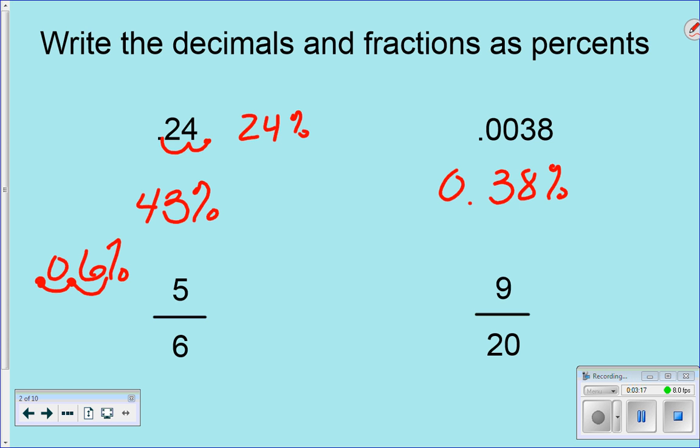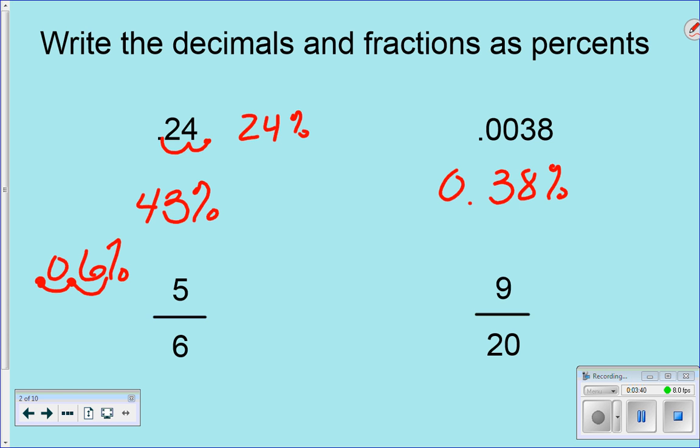It's the same thing with a fraction. Just know that if you need to change a fraction to a decimal, divide and then move it 2 spaces to make it a percent. Everybody remember how to do stuff like that.